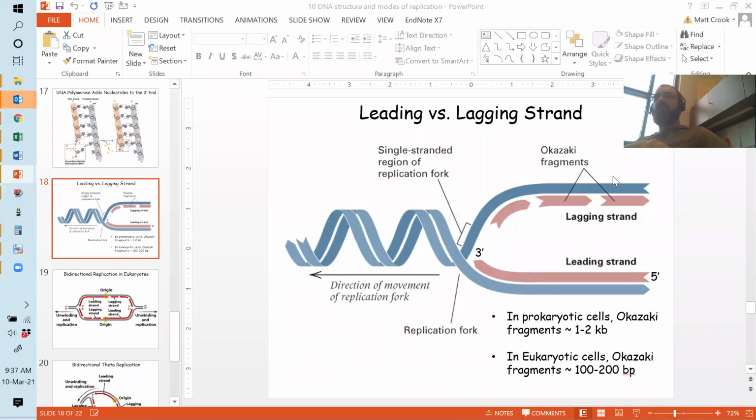And these are called Okazaki fragments. So I'm going to move this over a little bit. It's kind of hard to describe the lagging strand because it is still actually synthesized in the same direction as the replication fork, but the only way it can be done that way is by synthesizing in small chunks.